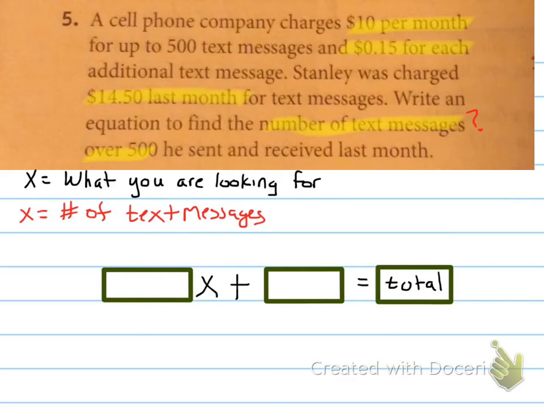That's what's connected to x. Plus the fee, right? So try and write that out with the numbers that we have. Find out which each one of those is.